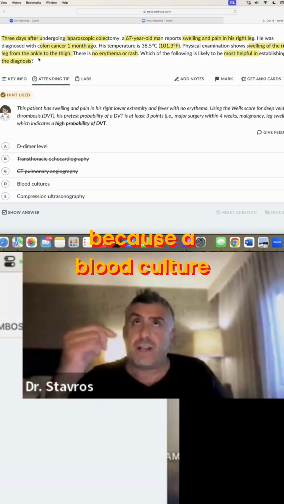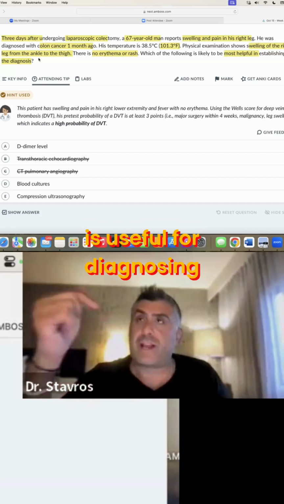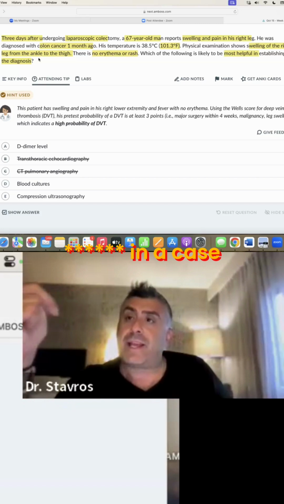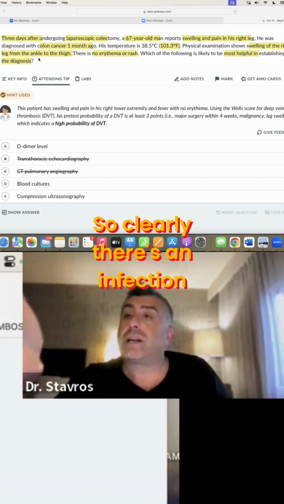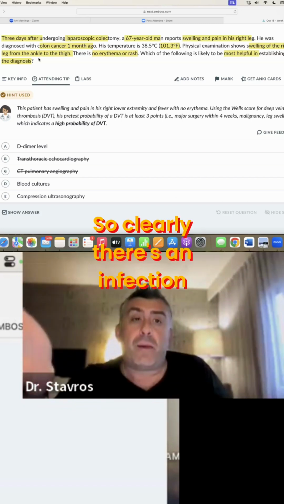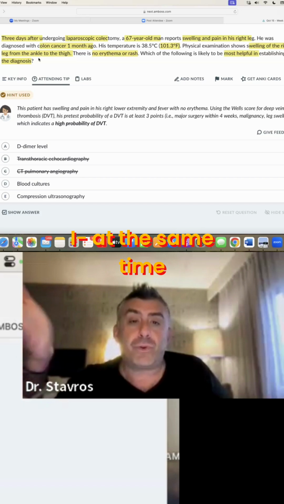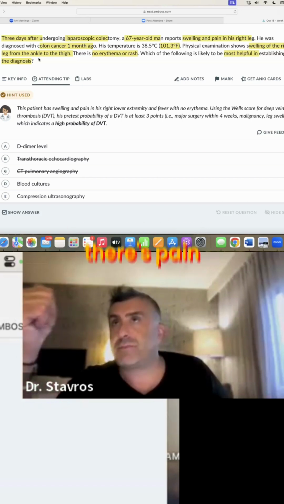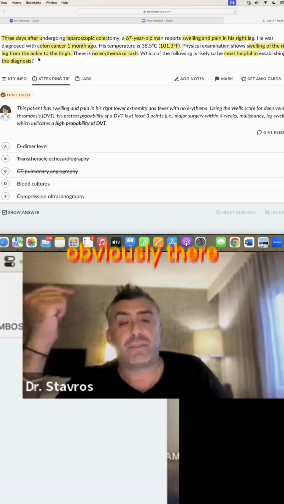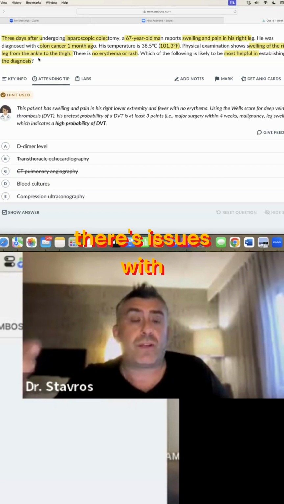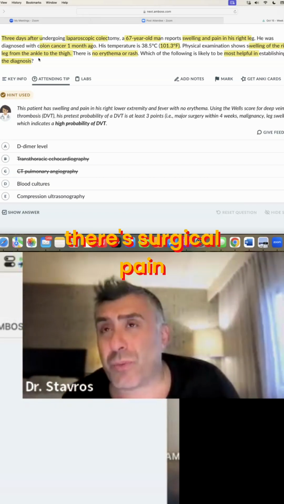No, because a blood culture is useful for diagnosing in a case of cellulitis, right? So clearly there's an infection, but at the same time, when you have a DVT, yes, there's pain. Obviously there's surgical pain.